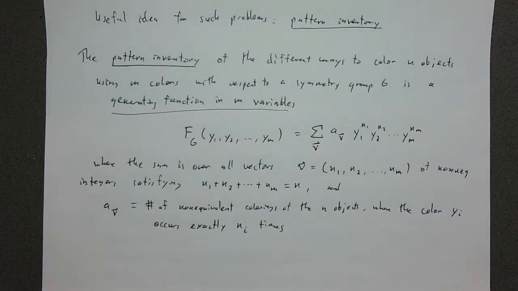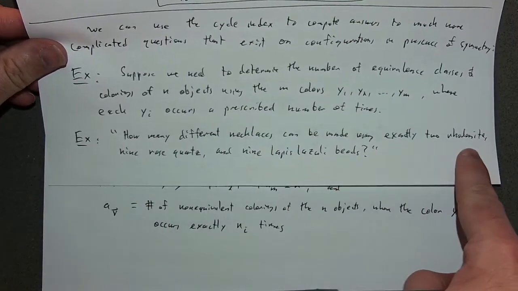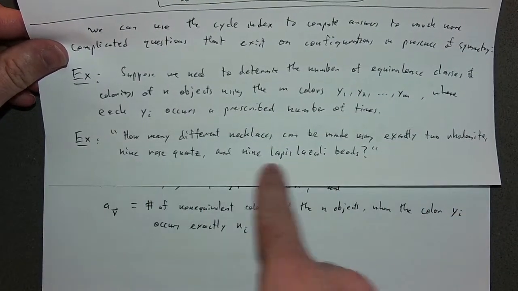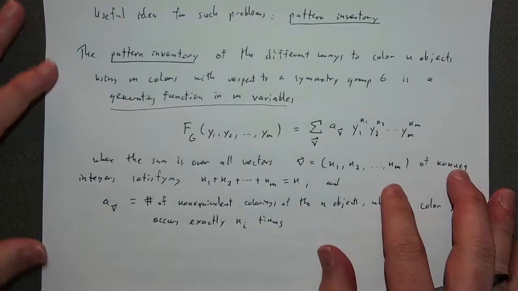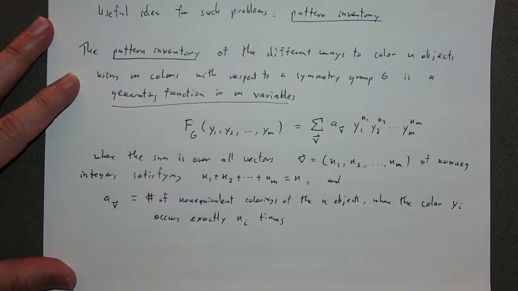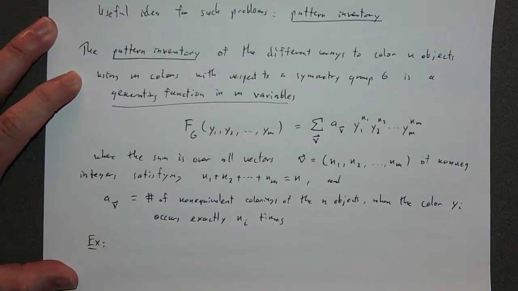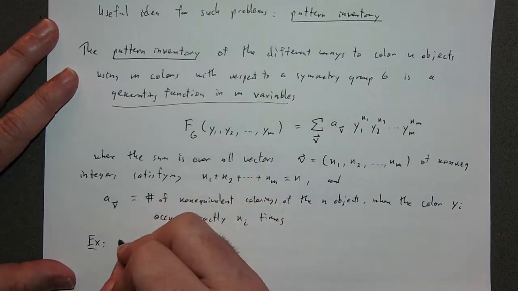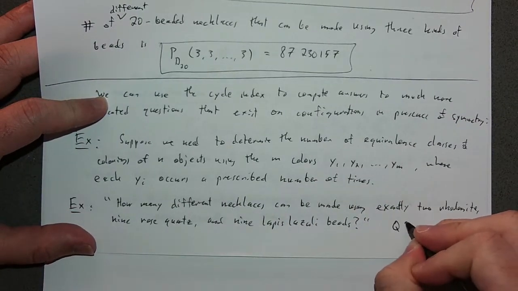So we had this question. How many different necklaces can be made using exactly 2 rhodonite, 9 rose quartz, and 9 lapis lazuli beads? So according to that, using our example here, we'll call this question 1.